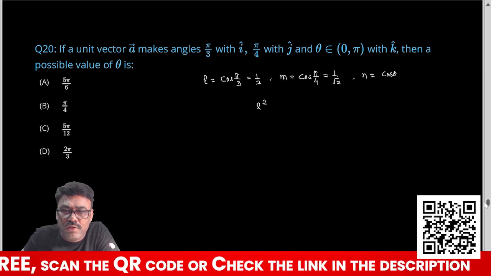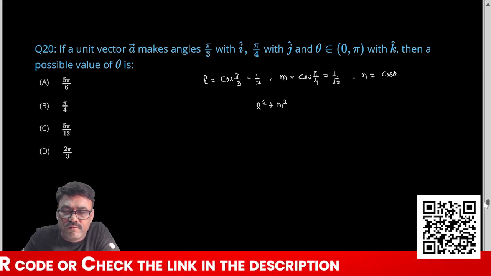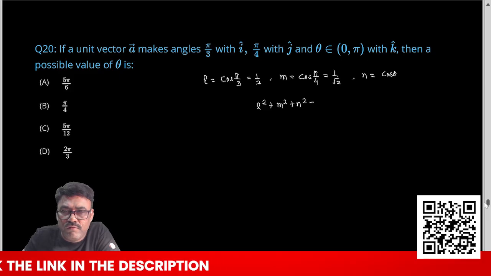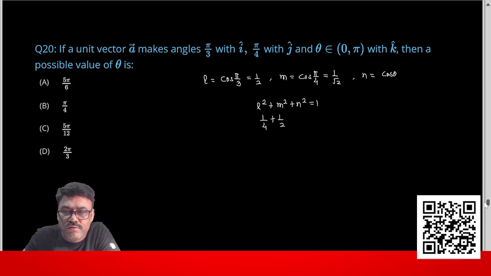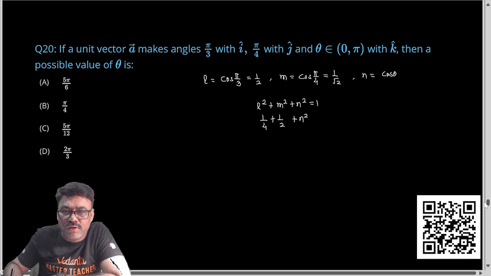You know that L square plus M square plus N square is always 1. So it is 1 by 4 plus 1 by 2 plus N square. So this gives N square 1 by 4, meaning N is plus minus half. So cos theta is plus minus half.